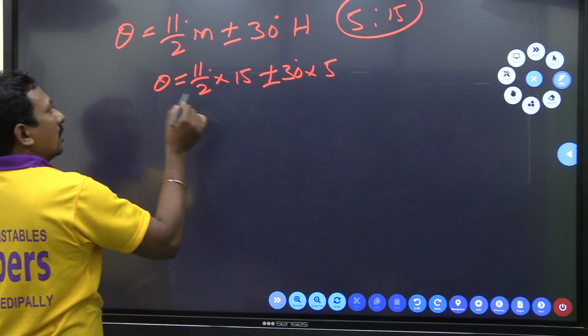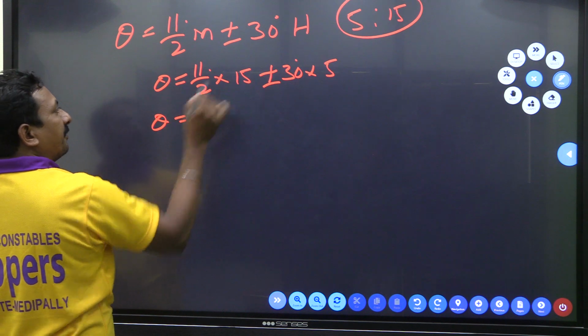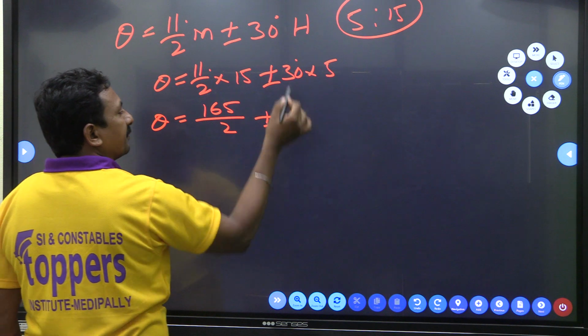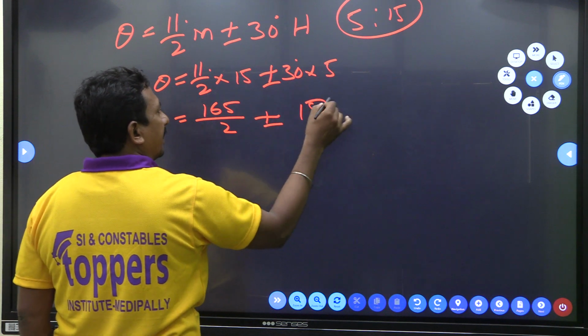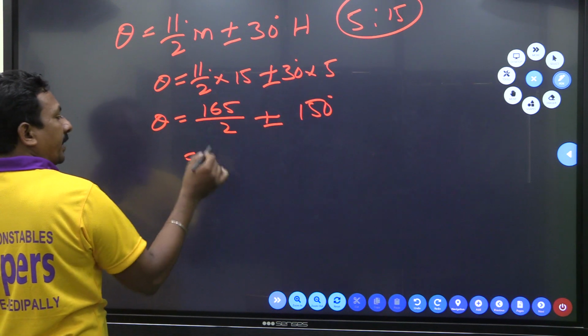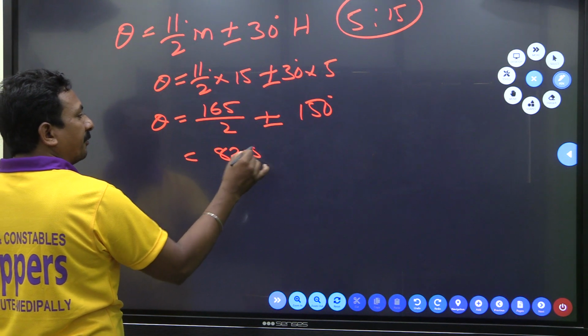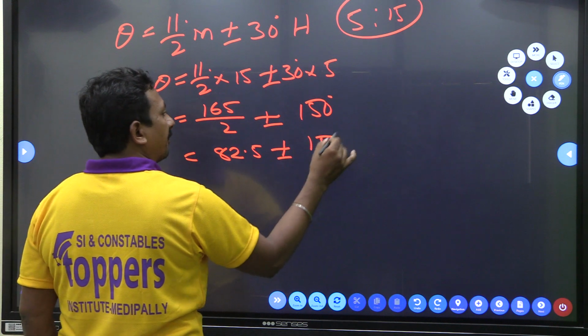So 11 times 15 is 165 by 2, which is 82.5, plus or minus 150 degrees.